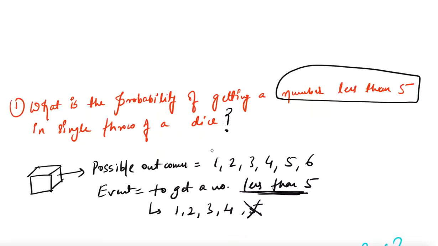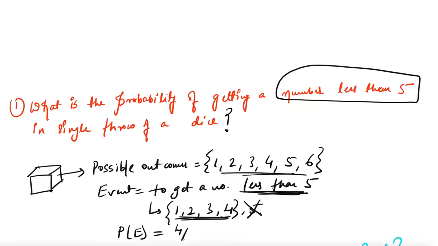So out of these 6 possible outcomes, my requirement is getting these 4. So the probability of getting the event E, that is getting a number less than 5, is 4 out of 6, which is equal to 2 by 3, which will be my answer.